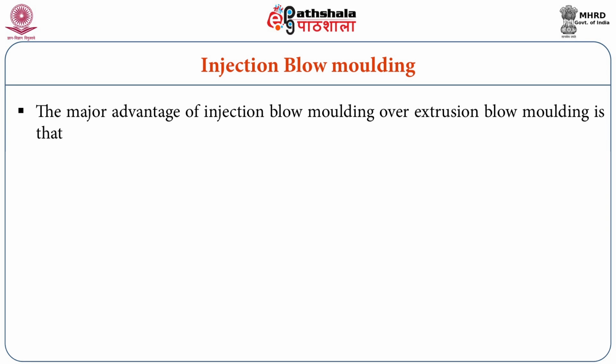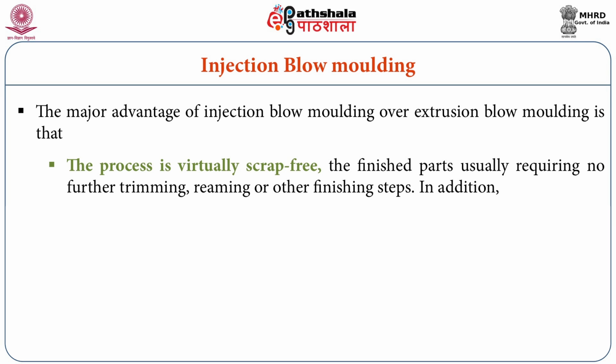The major advantage of injection blow molding over extrusion blow molding is that the process is virtually scrap free, the finished part usually requiring no further trimming, reaming or other finishing steps.